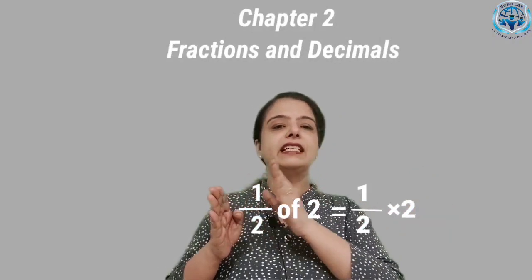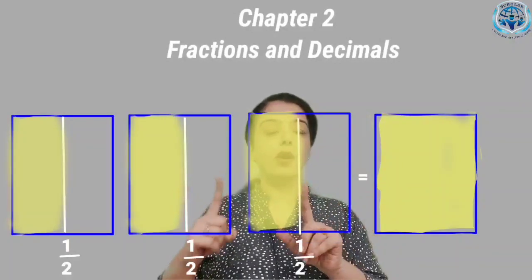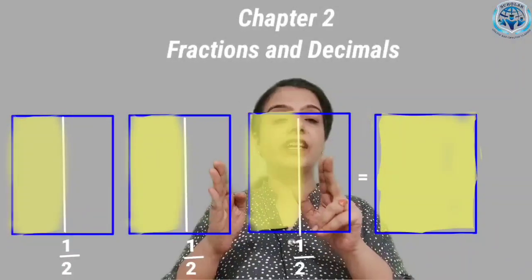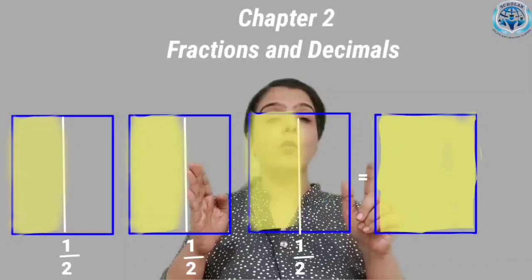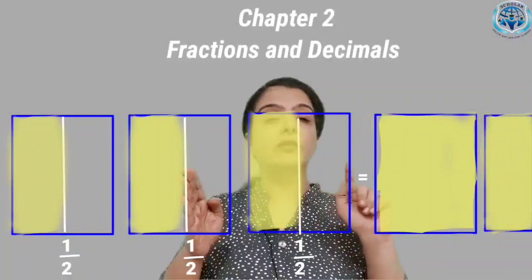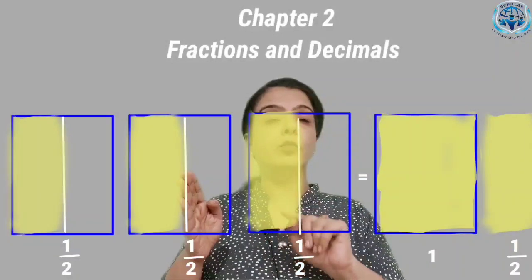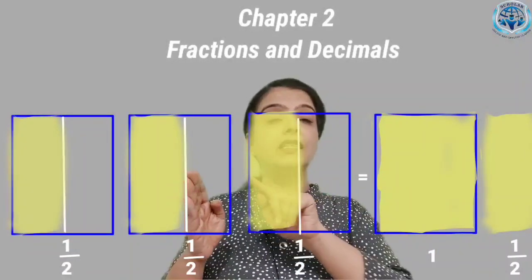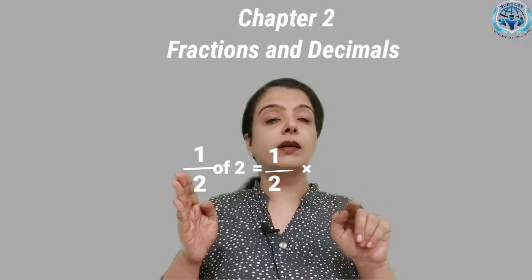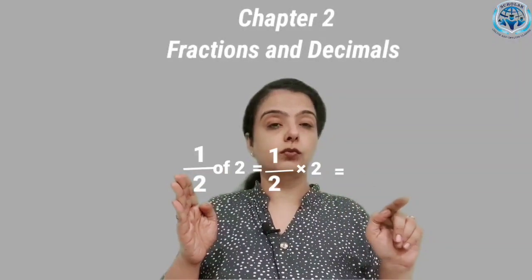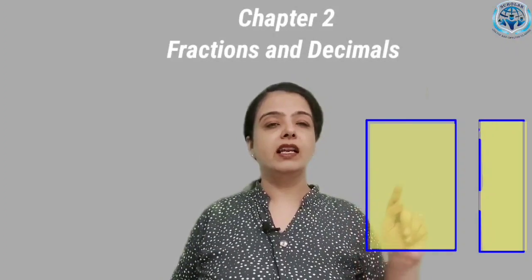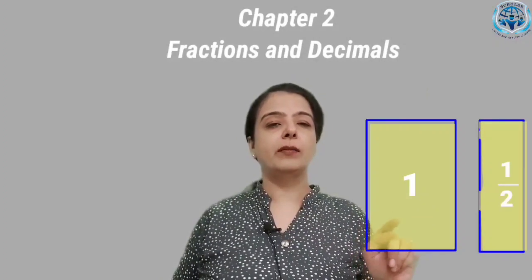Another example. These are 3 halves. 1 by 2, 1 by 2, 1 by 2. If we combine the two shaded half parts, we get 1 whole, and half of 2 is also 1. 1 by 2 into 2 is also 1, that means half of 2 is equal to 1 by 2 into 2. Got my points? This is 1 whole and this is half. 1 and 1 by 2.